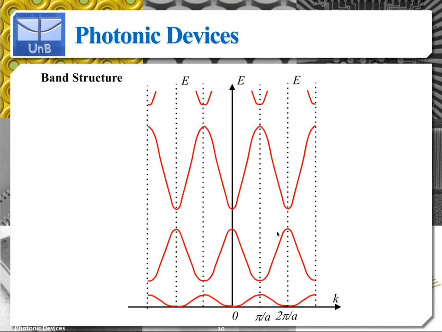Okay, the period of the lattice is a, so in k space, the period is going to be 2 pi over a. Besides, as you can see in this graph, you will also observe the energy bands here. Because if you just look at the energies, you can see that you have energy values that the electrons can assume, right? But you also have energy values that the electrons cannot assume.